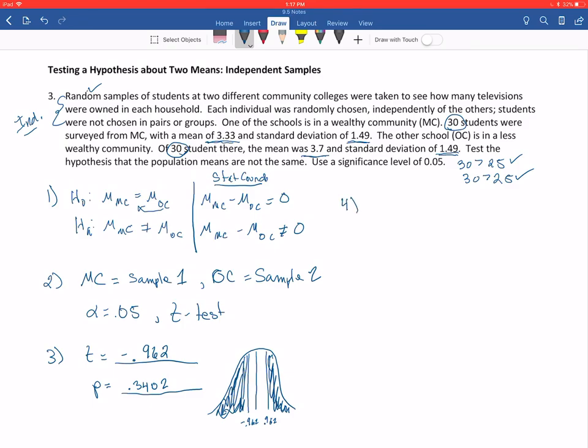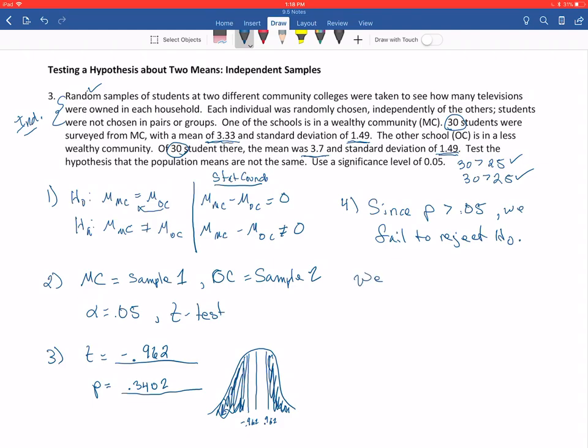Now we have to draw our conclusion. Draw your conclusion on your p-value. So since the p here came back greater than alpha, it came back bigger than this, we failed to reject the null.